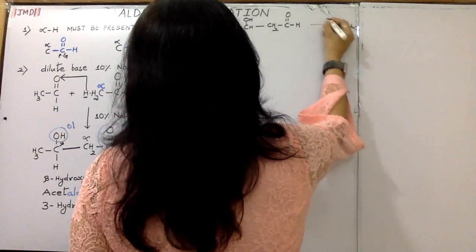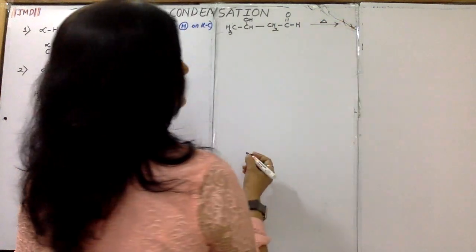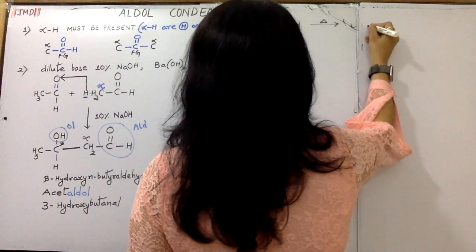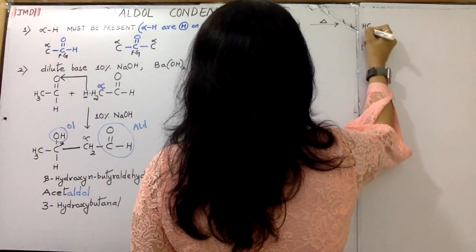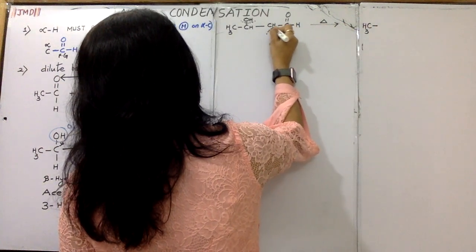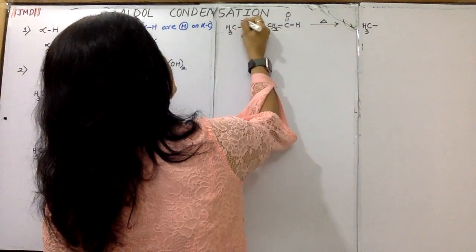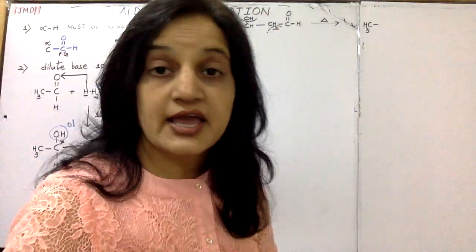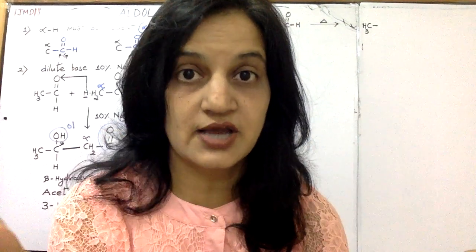This is one of the applications of aldol condensation. If you heat the molecule, alcohol will undergo dehydration and a molecule of water is eliminated. And one H will go from here. Why from here? Why not from here? Because OH will go from where it is, but the H will go from the adjacent carbon.